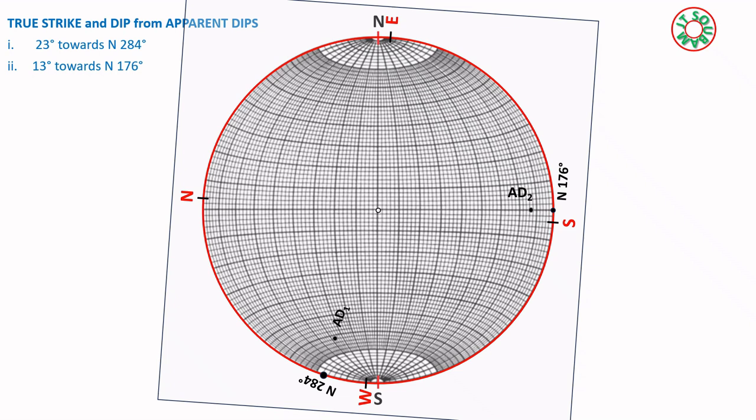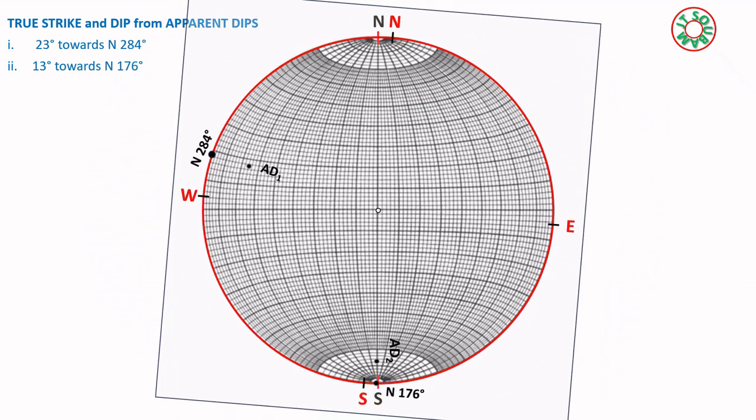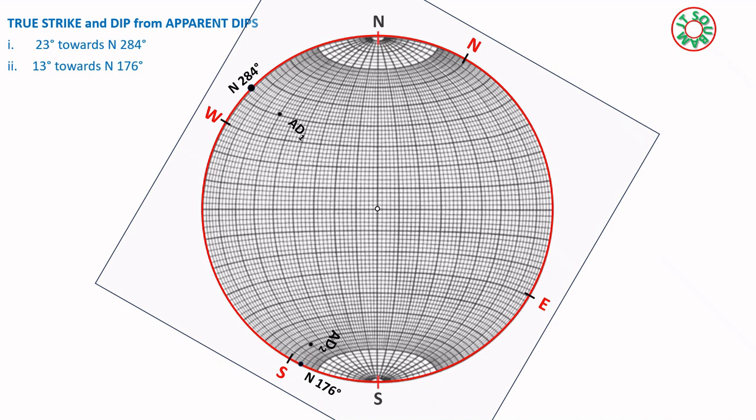For this task, rotate the overlay until the points AD1 and AD2, representing apparent dip 1 and apparent dip 2 respectively, lie on a single great circle. Once this position is achieved, trace that great circle. This great circle represents the true orientation of the geological plane.